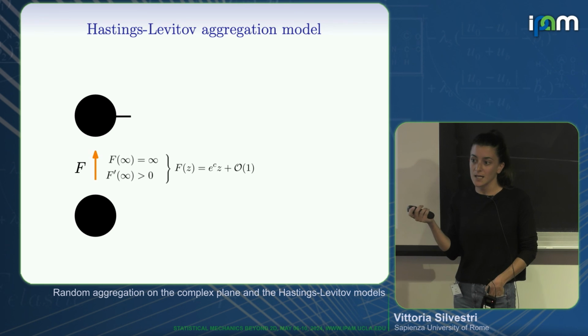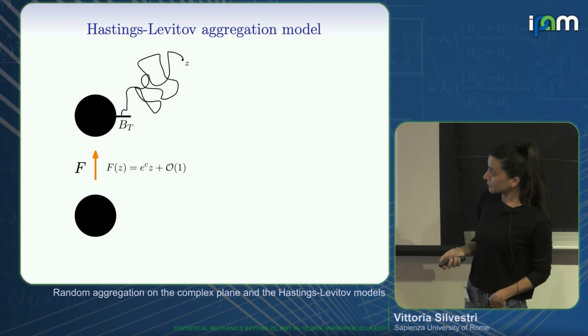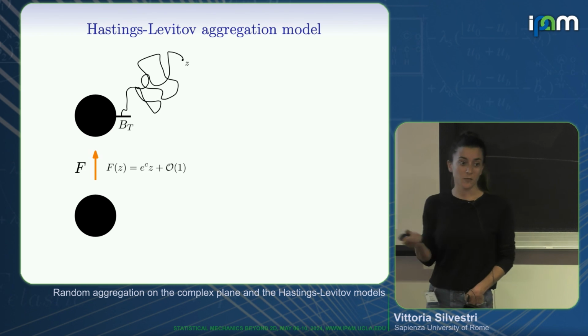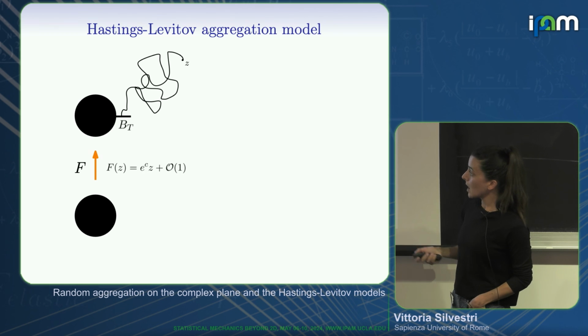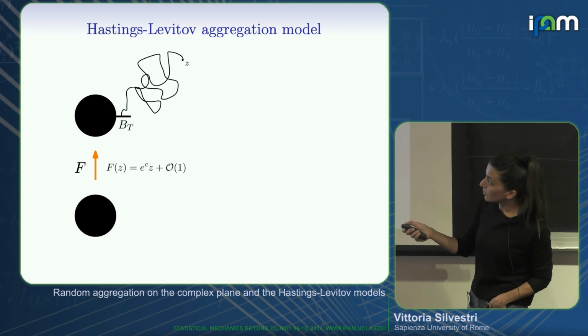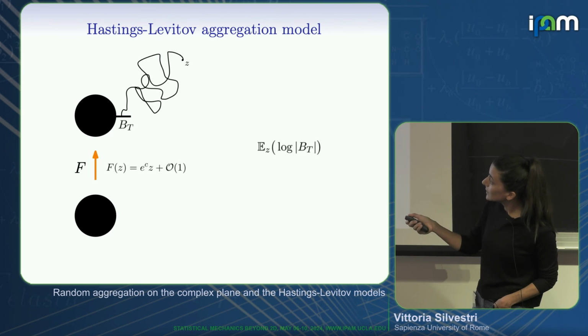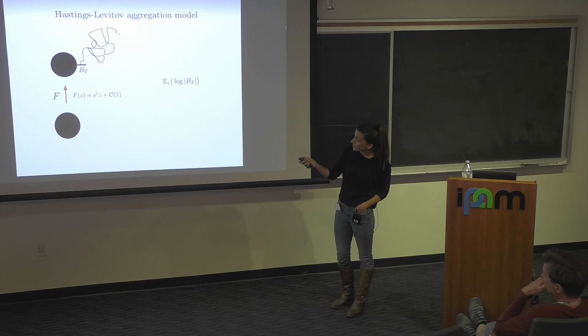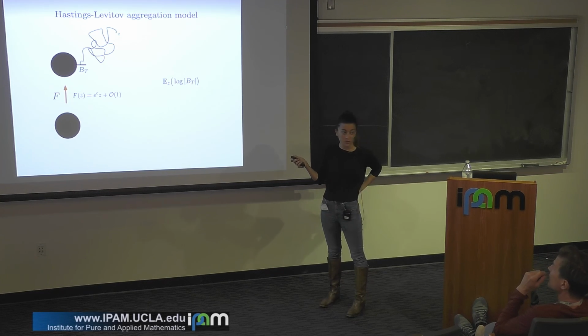C is a measure of the size of the particle you have attached. And I want to give you a geometric interpretation for C, just to convince you that it should measure the size of the particle. So take a Brownian motion, now starting from a point Z, not from infinity. Wait for it to hit the boundary of your cluster with one particle, and compute the expectation of the logarithm of the modulus at the hitting point of the Brownian motion.